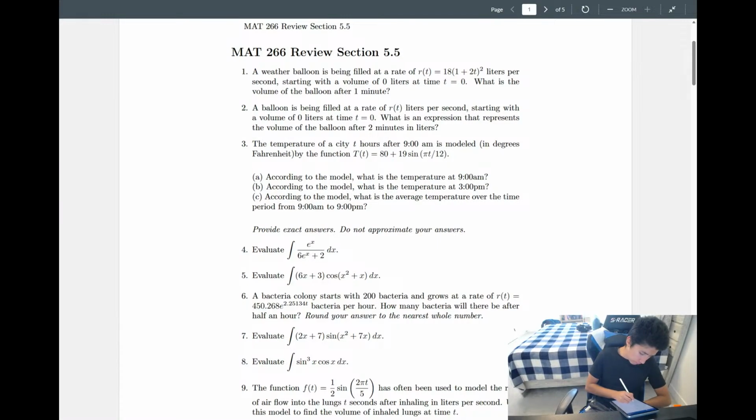So V of 1, that's going to equal 3 times 3 to the power of 3. 3 to the power of 3 is 27. 27 times 3 is 81. The answer is 81. Let's move on. That's 1. Now, 2.